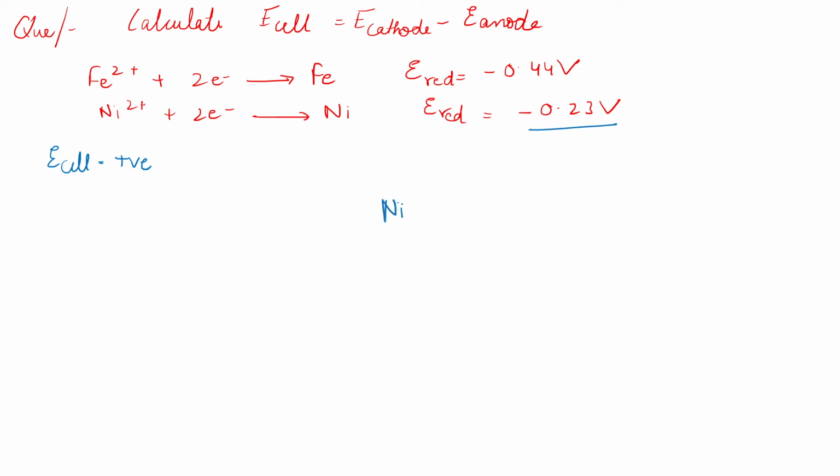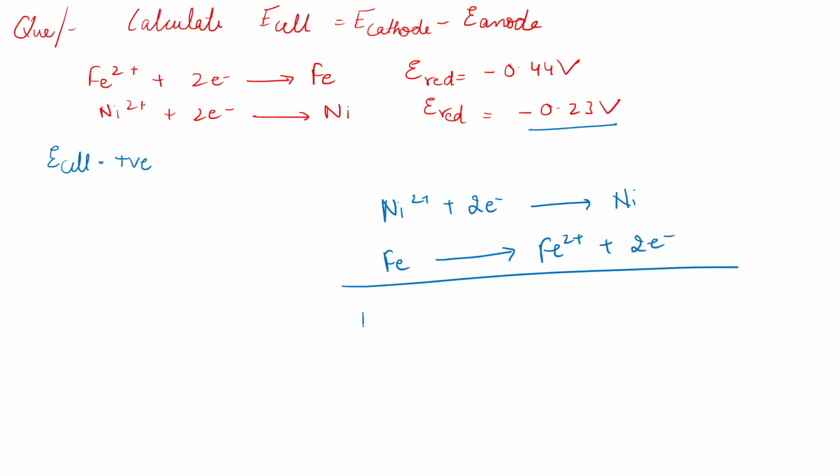So nickel will undergo reduction and act as the reduction half cell, while iron will undergo oxidation to form iron 2 plus and 2 electrons. So overall we have nickel 2 plus plus iron giving nickel solid plus iron 2 plus.